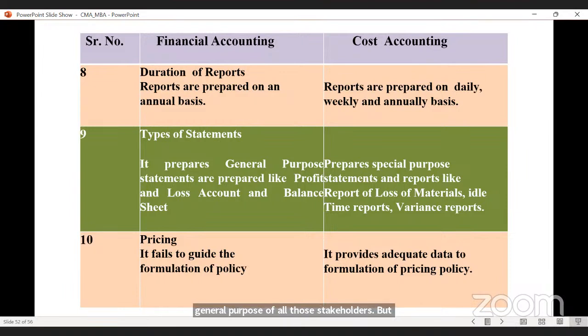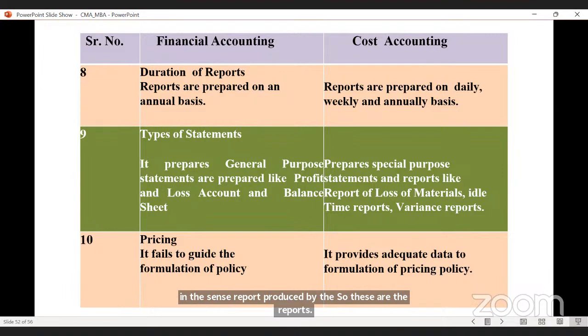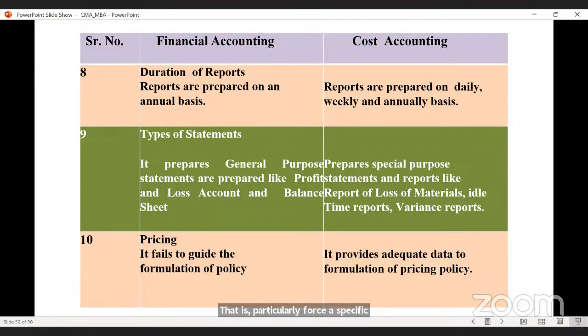But cost accounting prepares special purpose statements and reports like reports on loss of material, idle time report, variance report, or you can say sales report produced by the sales manager. So these are the reports. That means particular or specific reports are prepared on the basis of the specific purpose. These are the types of statements or reports prepared by cost accounting.